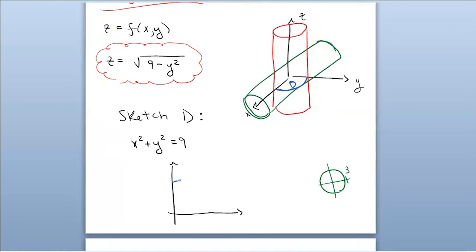So it'll look like this, where this is 3 and this is 3. Okay. And so this is x squared plus y squared equal to 9. But then it's also bounded by these axes.